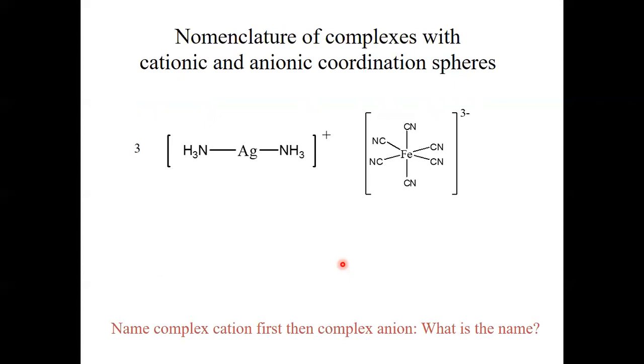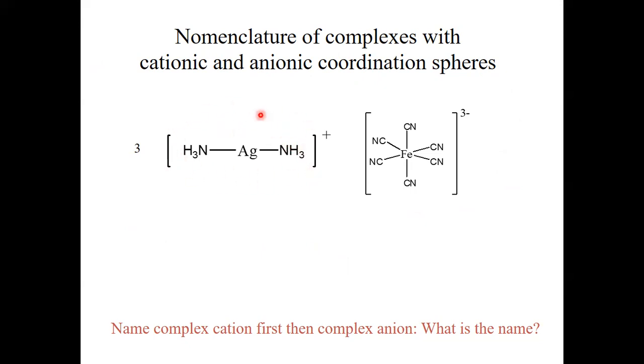All right, then of course it can be that there are compounds that have a complex cation and a complex anion. In this case, we just combine the rules that we have learned before. So we name the complex cation first and the complex anion last. So what would be the name of this compound here? This complex cation we already encountered.